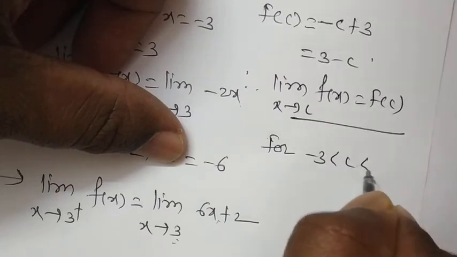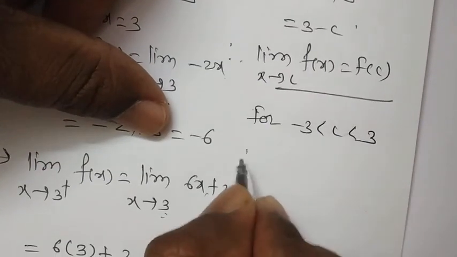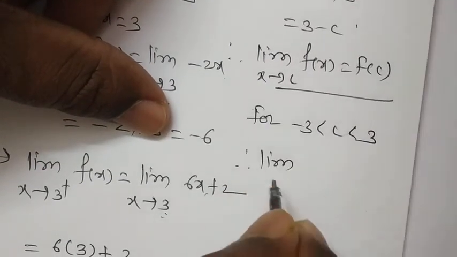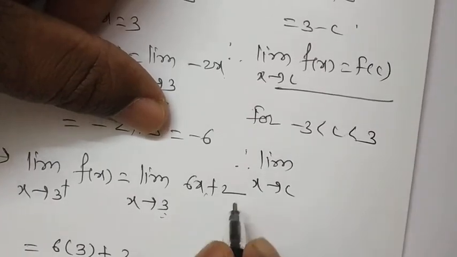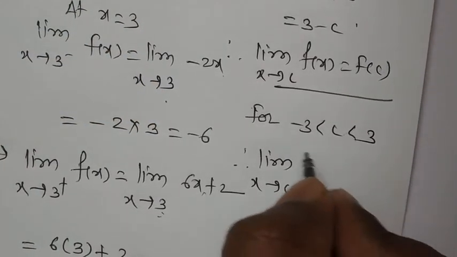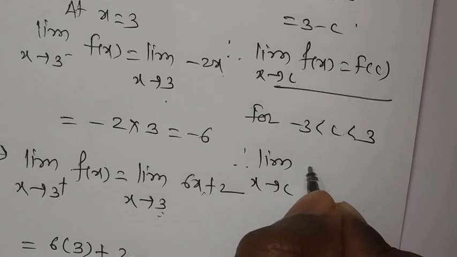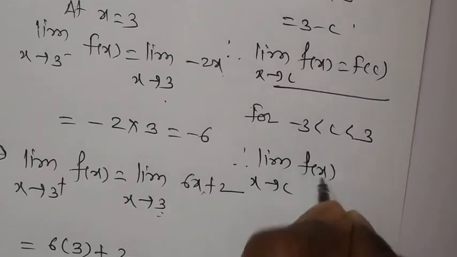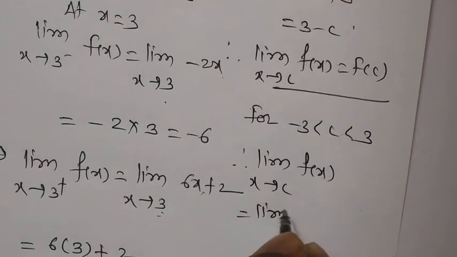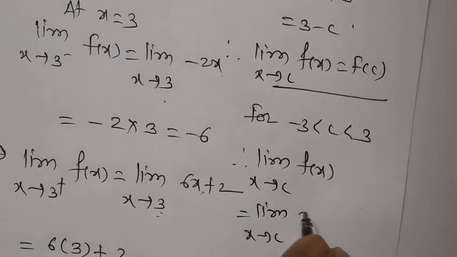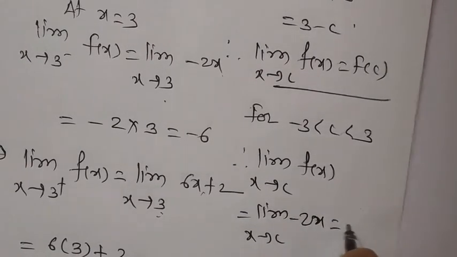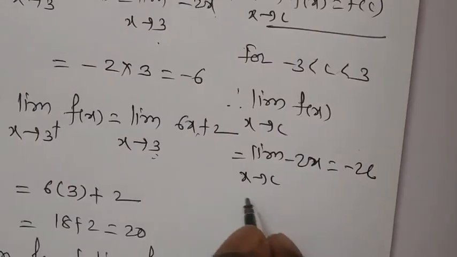Same here, we can say that for minus 3 less than c less than 3, it is again limit x tends to c, which is twice x, that f of x is equal to limit x tends to c of minus twice x, that is minus twice c. It is equal to what?